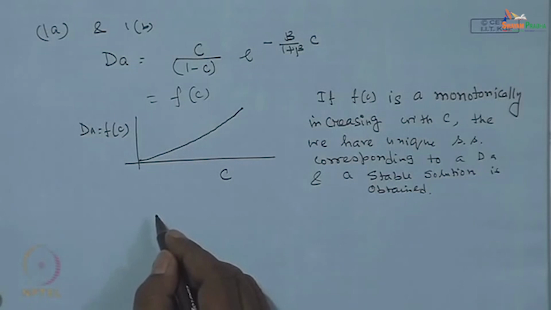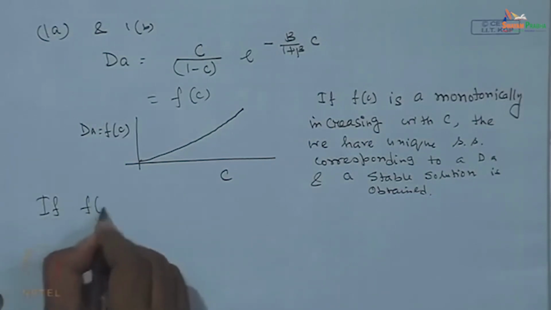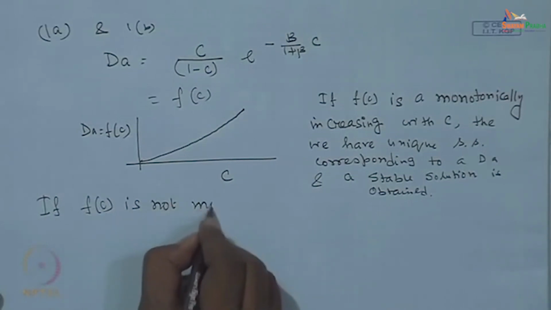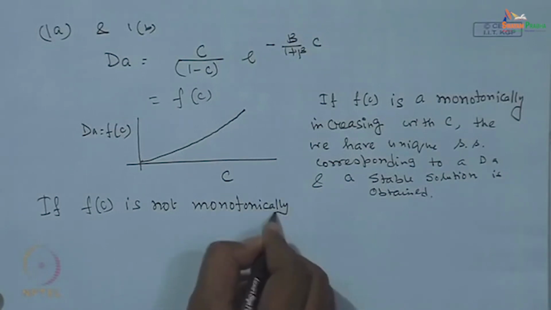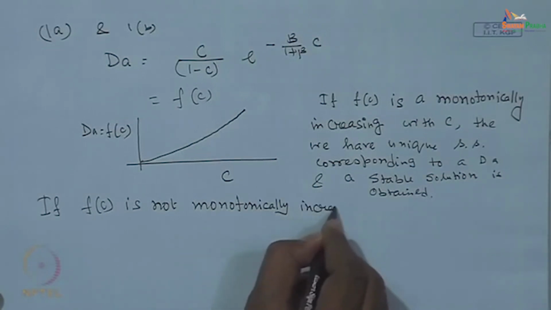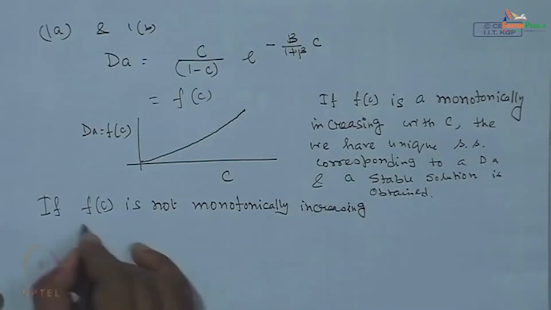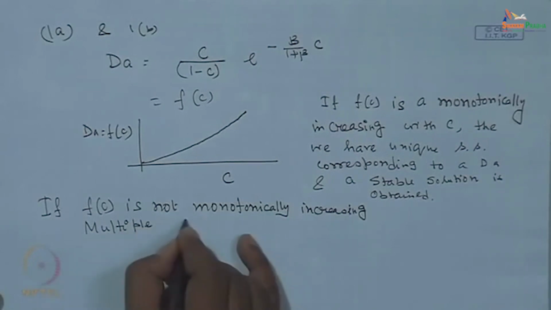On the other hand, if f(C) is not monotonically increasing, then we may land up with multiple solutions or multiple steady states.